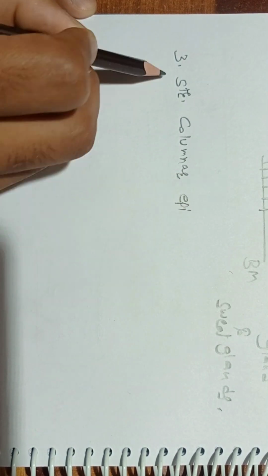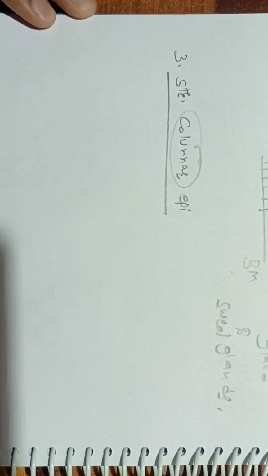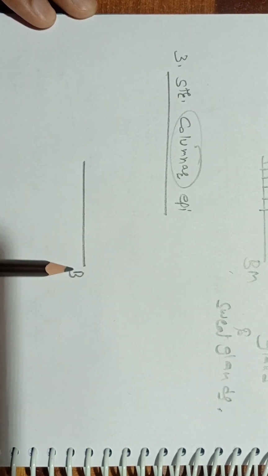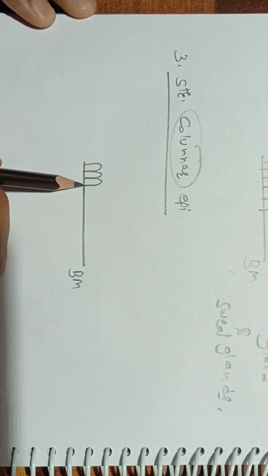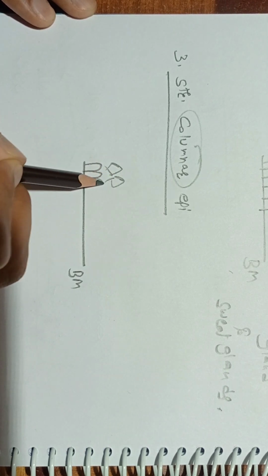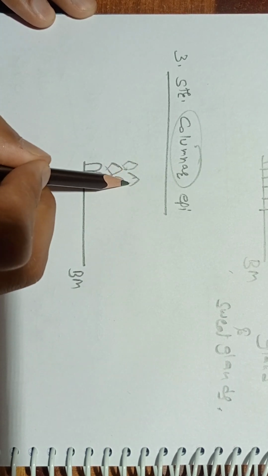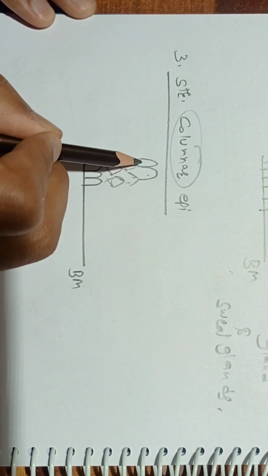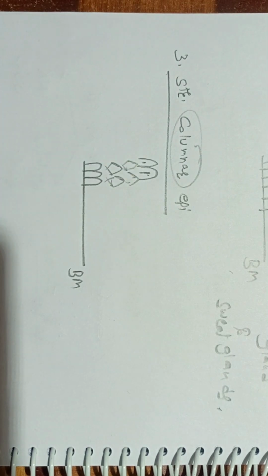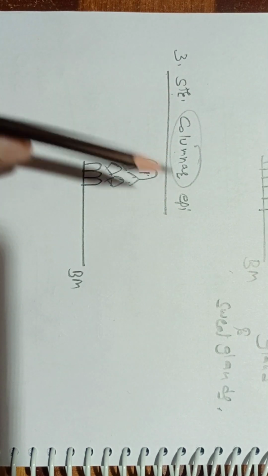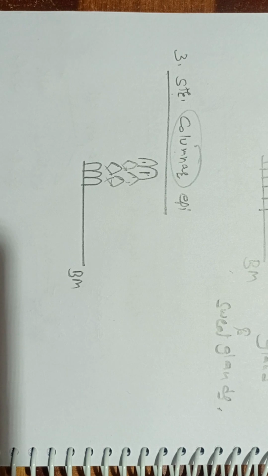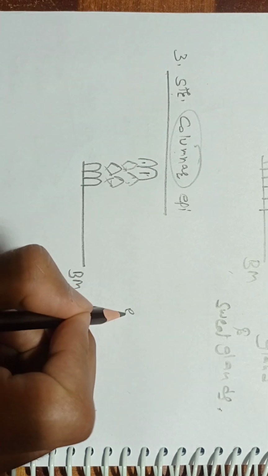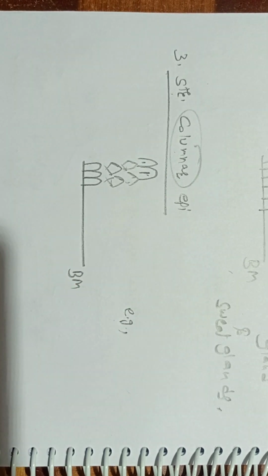As the name suggests, the apical layer is columnar. Similarly, first the basement membrane, then the cuboidal or columnar cells, then the intermediate cells, then the apical columnar cells. So this is stratified columnar epithelium. Where is it seen?